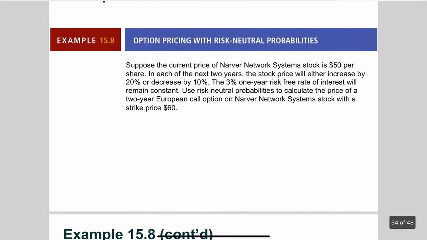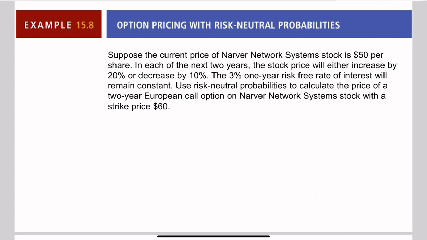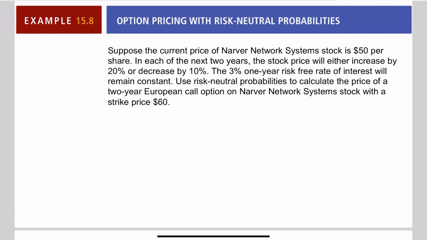Okay, now let's see this example here. It's slightly difficult, but still you can solve it. So let's see what kind of numbers we have here. Let's assume the current price of this firm is $50 per share. So S today is 50.